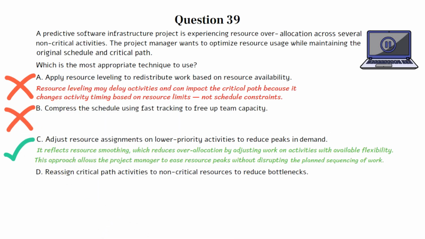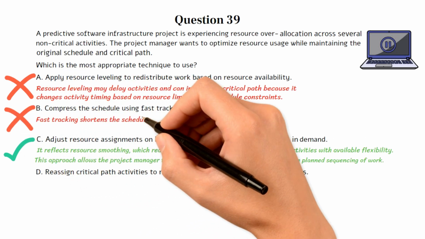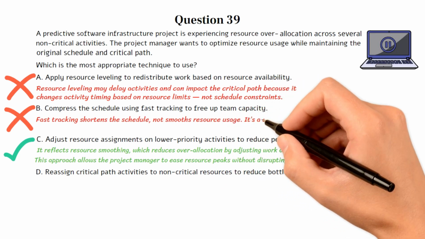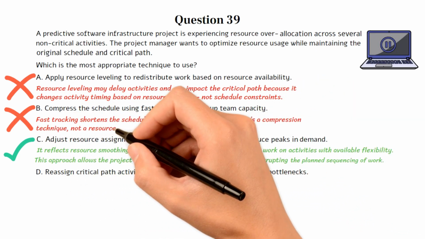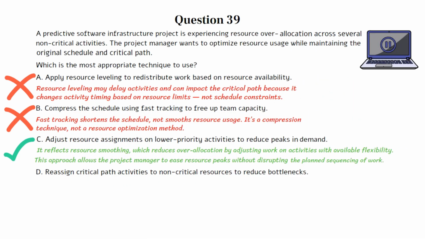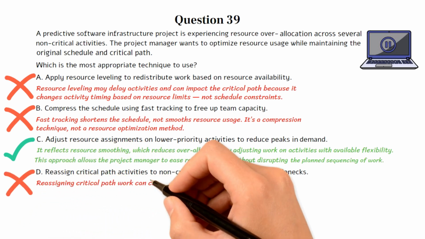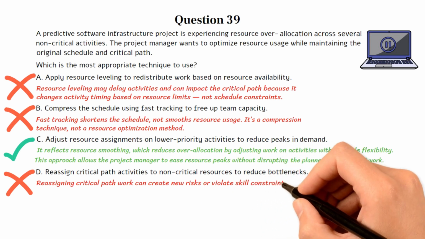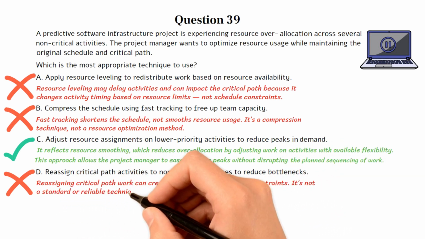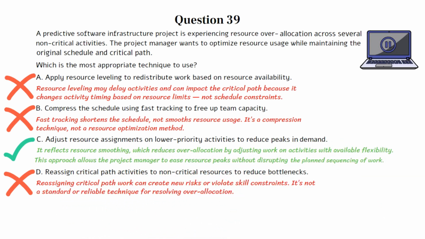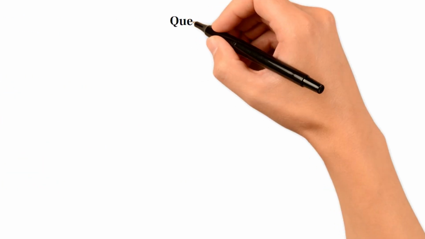Choice B is incorrect. Fast tracking shortens the schedule, not smooths resource usage. It's a compression technique, not a resource optimization method. Choice D is incorrect. Reassigning critical path work can create new risks or violate skill constraints. It's not a standard or reliable technique for resolving overallocation. Let's move on to the final question in this topic if you're ready.